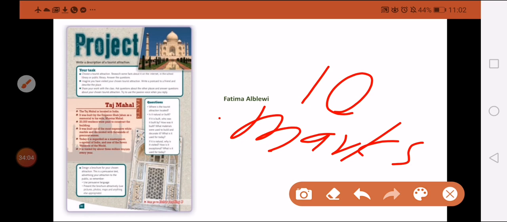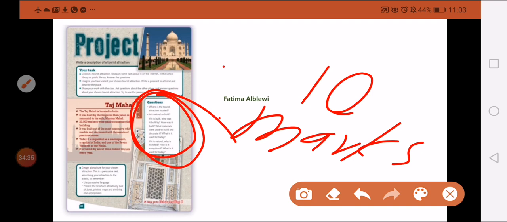Of course, here I have the questions. Now, where is the tourist attraction located? If we want to choose the name of the place. Is it natural or built? If it is built, who was it built by? Who built it? How was it built? What materials were used to build and decorate it?